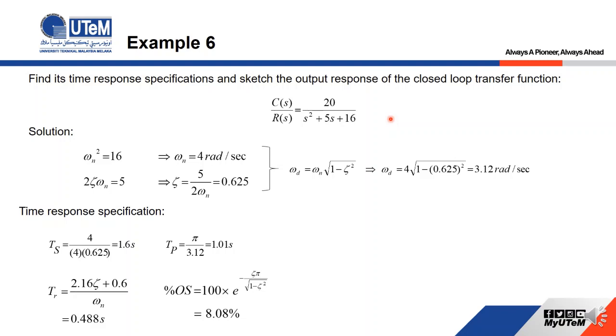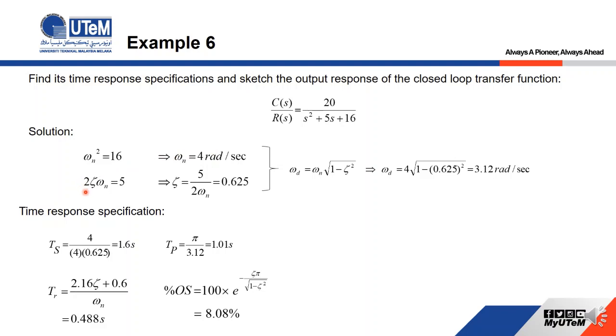order system. When we compare, we know that this component is referred to as omega n squared. So omega n squared in this case is equal to 16. From there we can calculate omega n, where omega n is equal to √16, which is 4 radian per second. Okay, next, this component 5 is referred to as 2 zeta omega n.